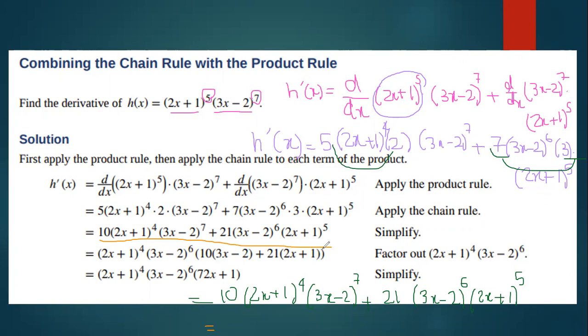It is written as (3x minus 2) whole power 7, and (2x plus 1) whole power 4. So I will take the simplest one, that is (2x plus 1) power 4 and (3x minus 2) power, this one is the smallest one, so it will be 6.